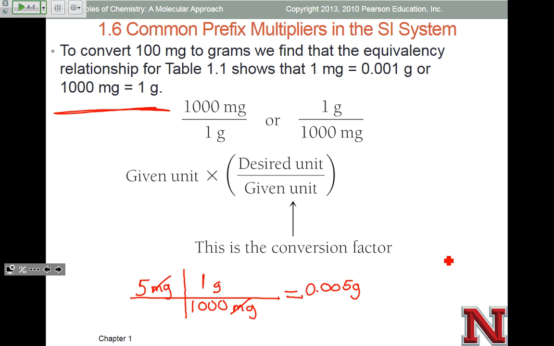Now what if instead I use this? 1 milligram equals 0.001 grams. I'm going to do the same thing. Start with my 5 milligrams. If I'm using this one, let's use blue so we can follow it later.